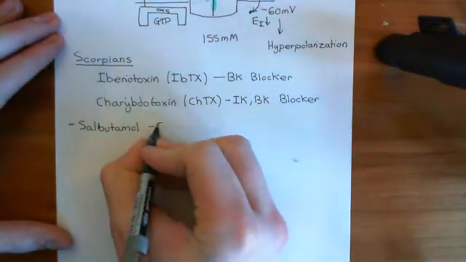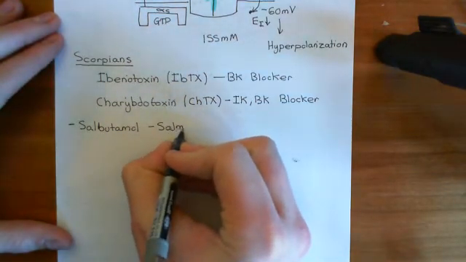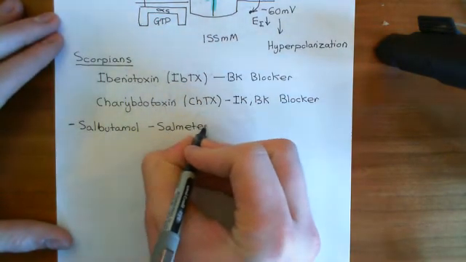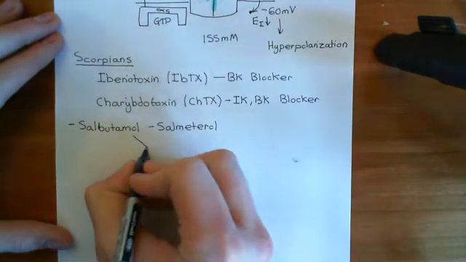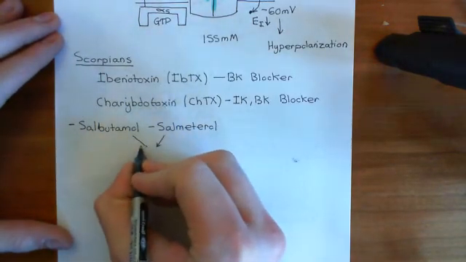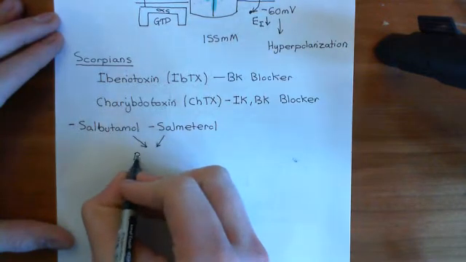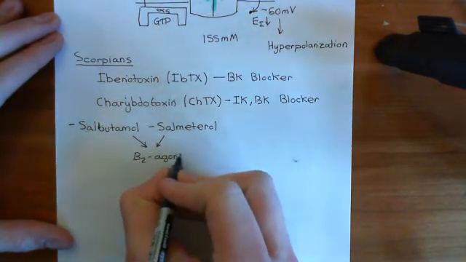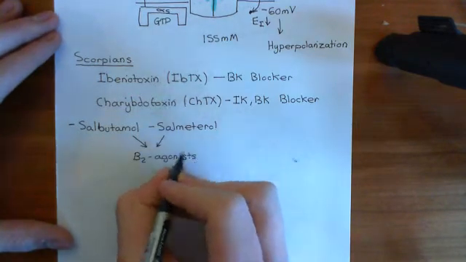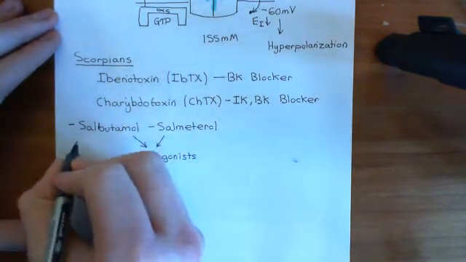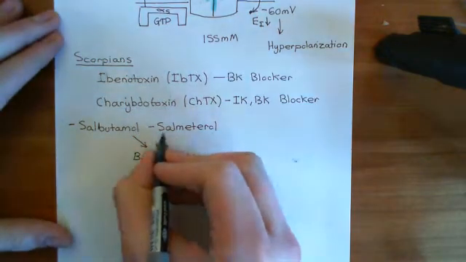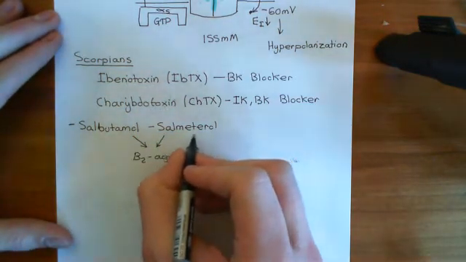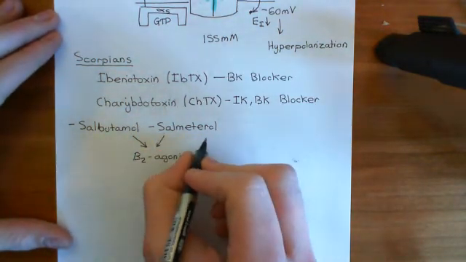Okay, so salbutamol and salmeterol are both selective beta-2 agonists, which means that they bind to the beta-2 adrenergic receptor and they activate it. And they are both used in the treatment of asthma. Salbutamol is generally used in emergencies. Salmeterol is slightly longer lasting and is used more prophylactically.